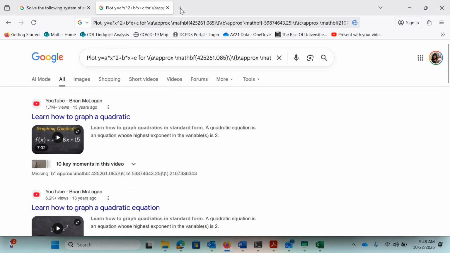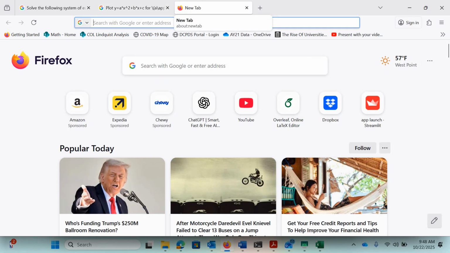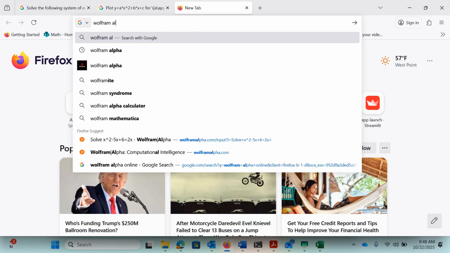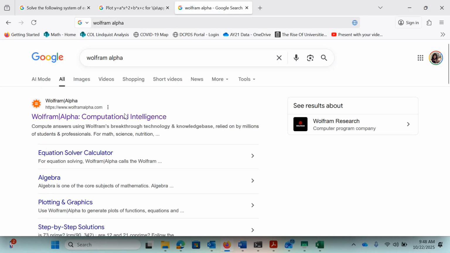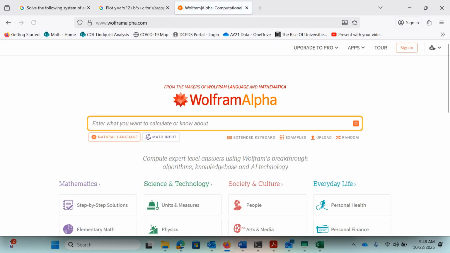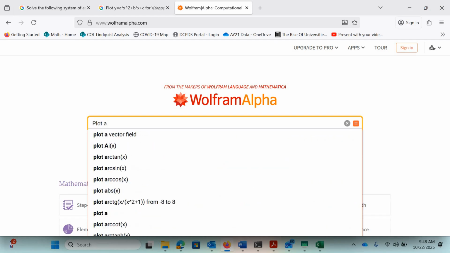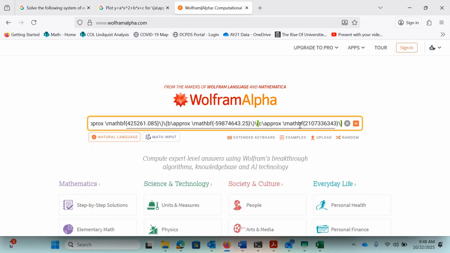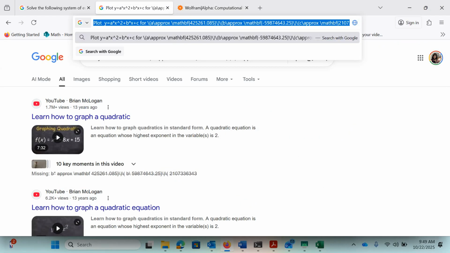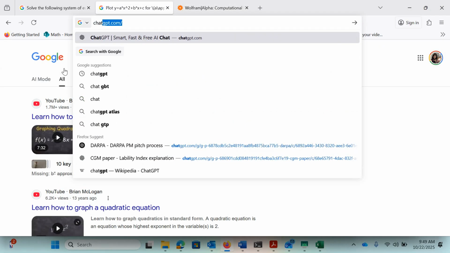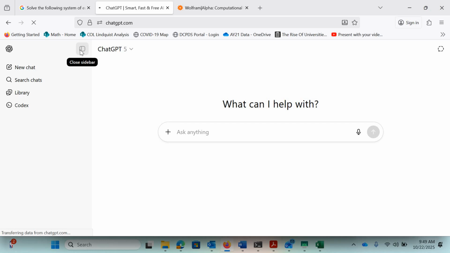It didn't like it. You know, Wolfram Alpha can plot for you. It gave me a hot mess here. I'm just looking for a cheap way to do this.